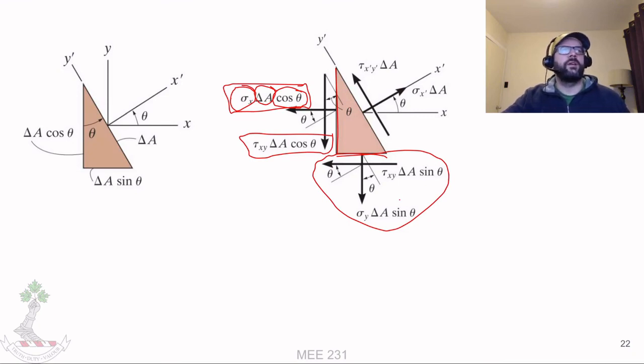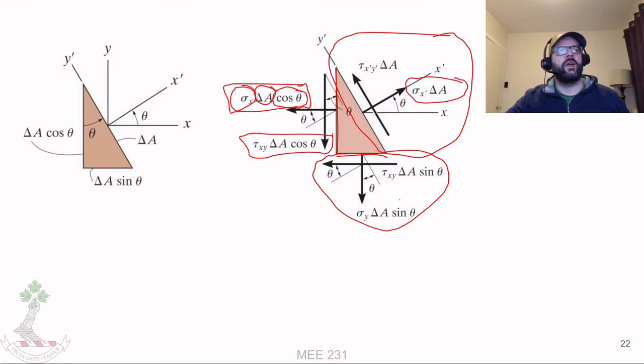And then on the new x prime positive face, we're going to get our new shear x prime times its area, and our new normal x prime times its area. And again, the normal x prime is acting in the orientation of the x prime axis. The shear force is acting in the orientation of the new y prime axis.